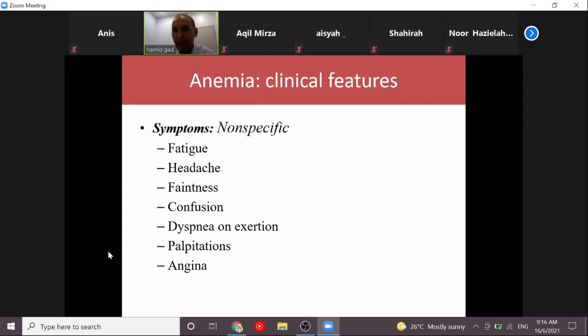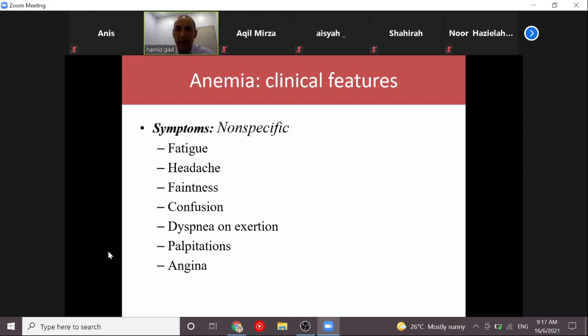So we check the clinical features. What happens to the patient when they have anemia? All the clinical features are related to low oxygen. When there is low hemoglobin, the oxygen supply to the tissues is reduced, so all our body will have less oxygen supply.